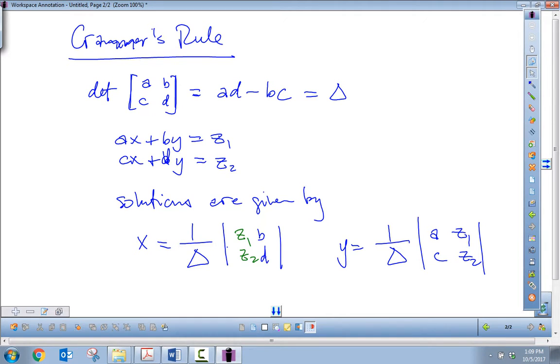Should have been green. So this allows us to solve a system of linear equations, essentially.